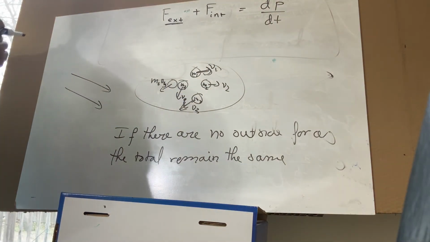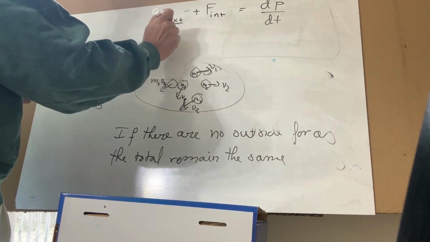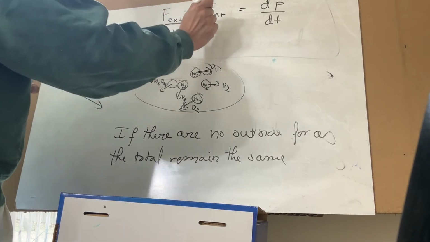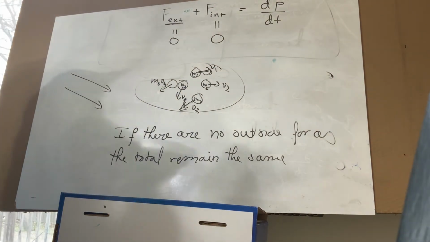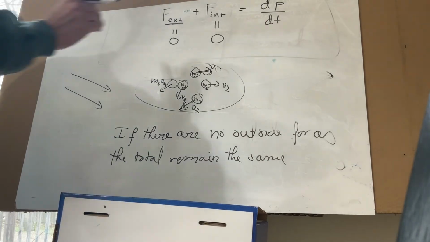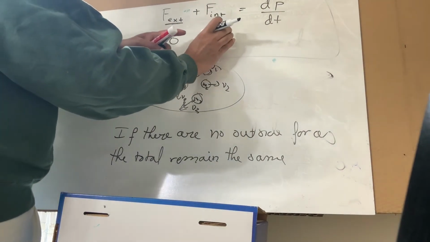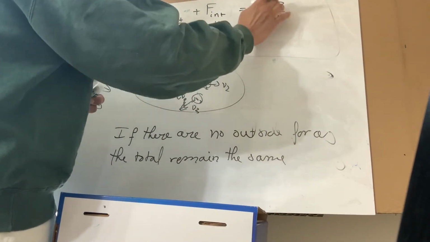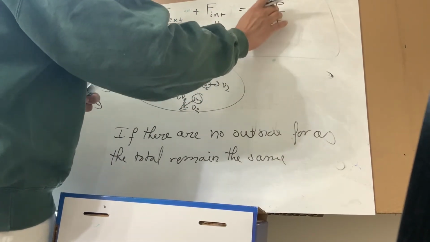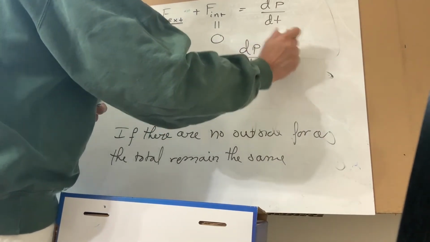But if the sum of all the external forces equals zero, of course internal forces always sum to zero in the system, then the change in momentum is going to be zero. dp, the total change in momentum, is zero.